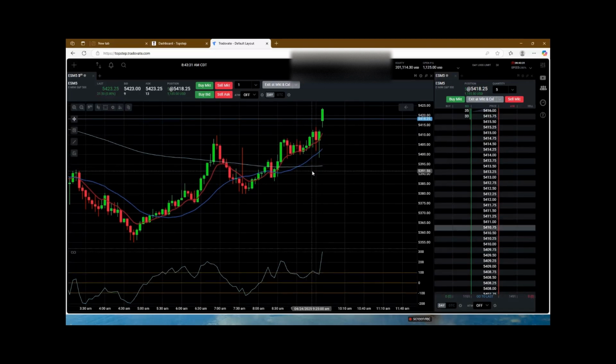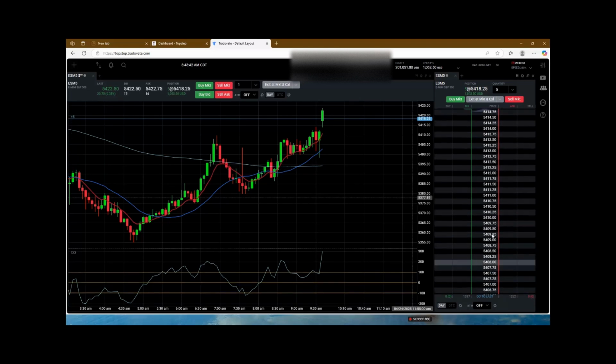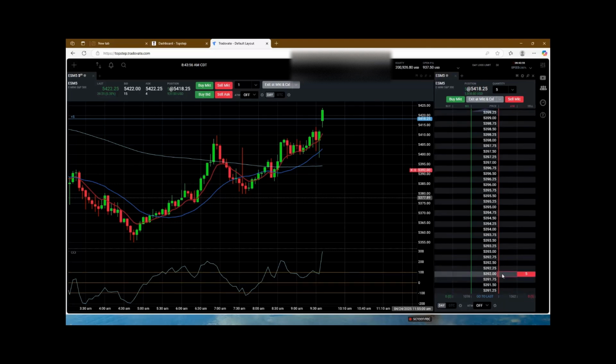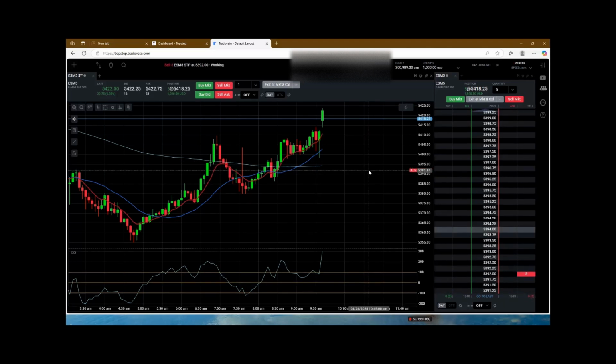I'm going to take it down to 5392, all the way down here. You can't really see it on the screen, but our stop loss is right in this position.